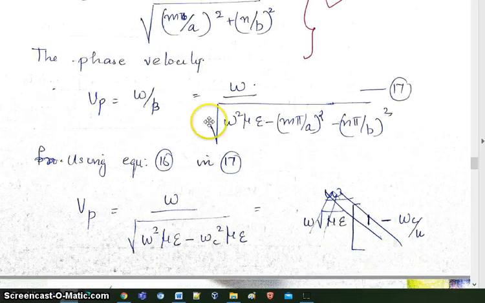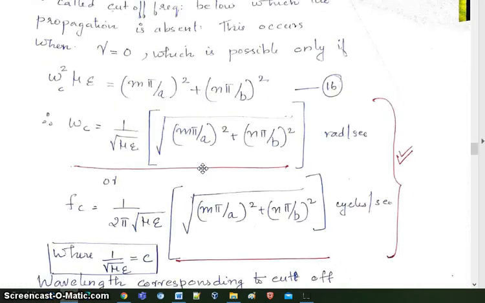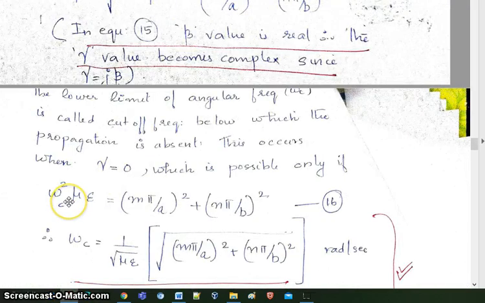And also we know that the phase velocity Vp is equal to omega by beta, where beta we know, that is square root of omega square mu epsilon minus (m pi by a) the whole square minus (n pi by b) the whole square. That is my equation 17. Then I can use equation 16 in 17, that is omega c square mu epsilon is these two terms.